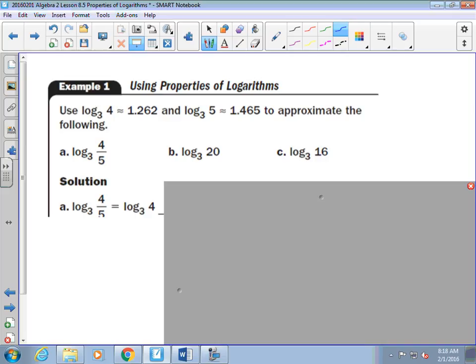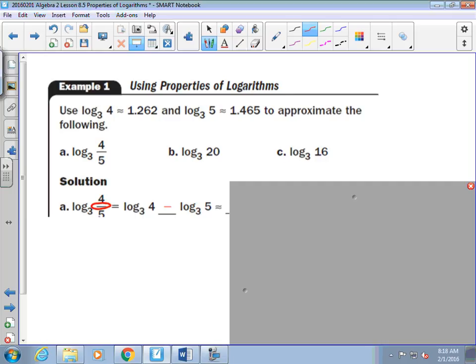Log base 3 of 4 over 5. Remember, division pairs with subtraction. So you're going to separate it first into the log base 3 of 4 minus the log base 3 of 5. Again, separating the division of 4 and 5 into having the same log with the same base, but subtracting 4 and 5.